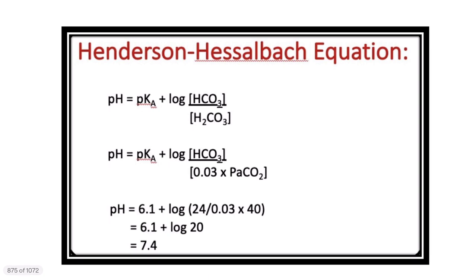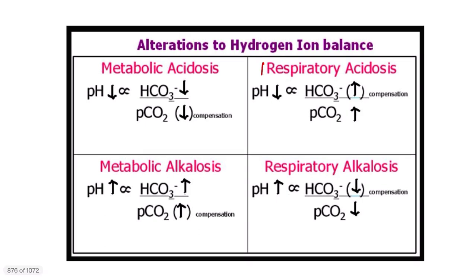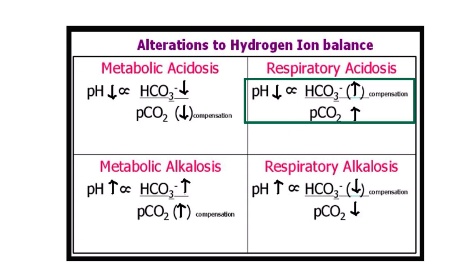As it is proved that it is respiratory acidosis, in case of respiratory acidosis, this is the equation: the pH will reduce, but for the other two, the partial pressure of carbon dioxide increases, bicarbonate will be normal, and if compensation occurs, then bicarbonate also increases.